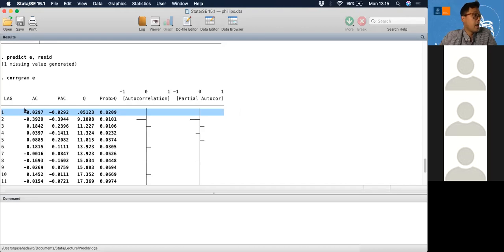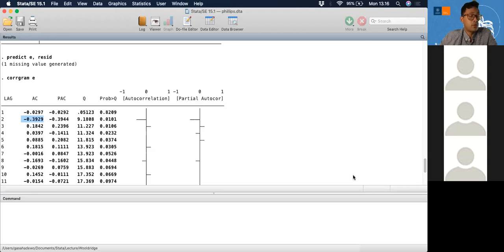However, there is a relatively large spike in period 2. So that could indicate that there could be a serial correlation at lag 2. However, given the estimated autocorrelation coefficient of 0.39, perhaps the autocorrelation is not that big.